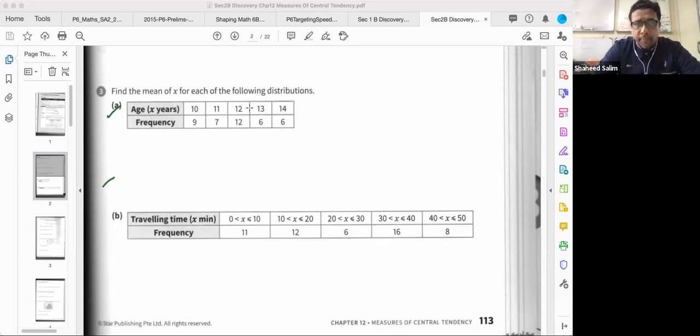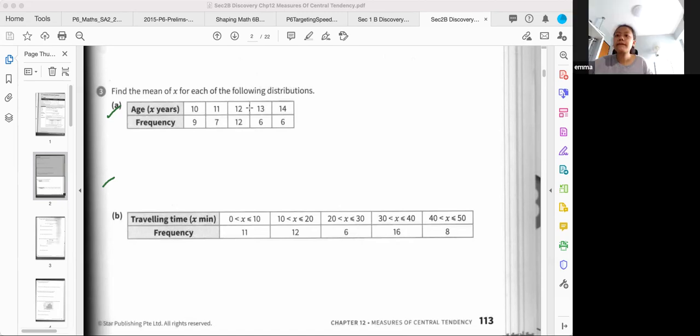It's a decimal. You know what to do, Emma?